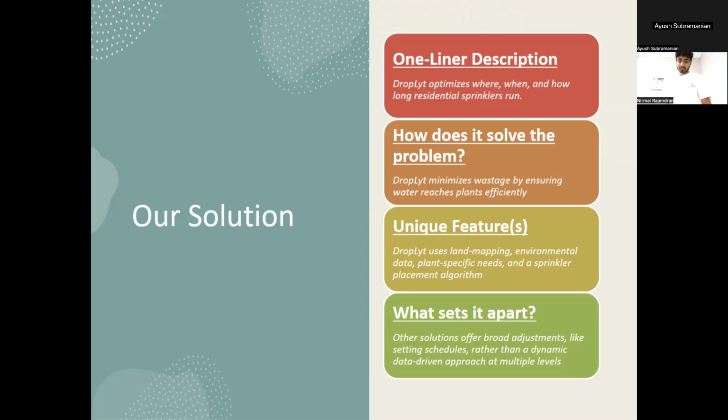What really set our product apart was that a lot of other solutions on the market have more broad-strokes adjustments, like setting a simple timer or just saying when you want to water, with no real optimization. So our real differentiator was that this was a lot more accurate.